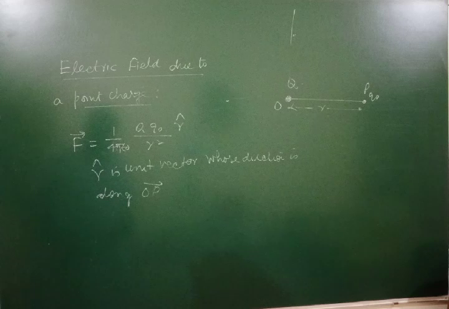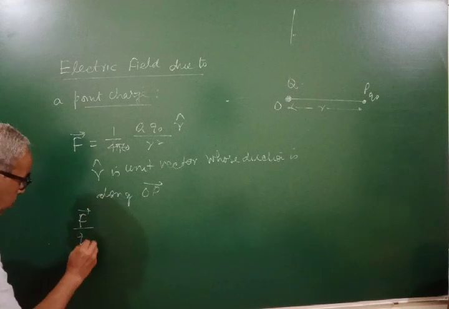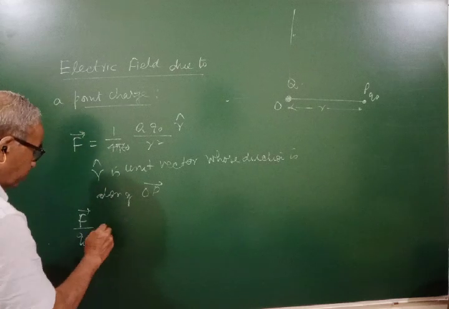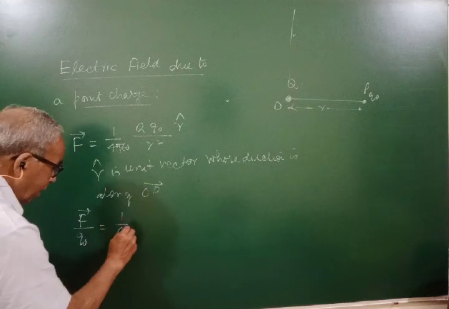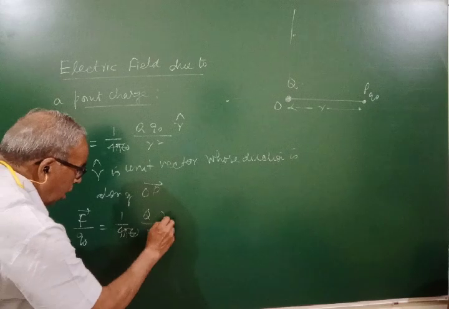This is the force, so F upon Q0 is equal to 1 upon 4 pi epsilon 0 Q upon r square r cap.